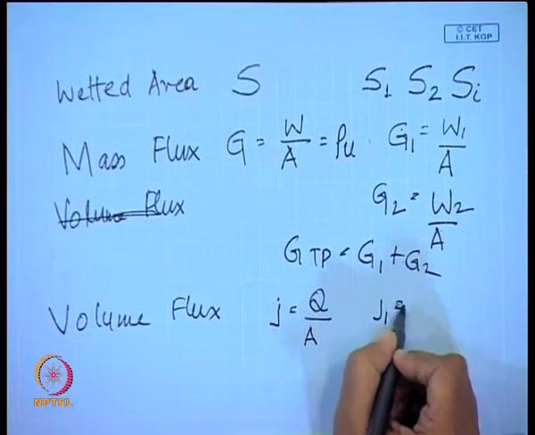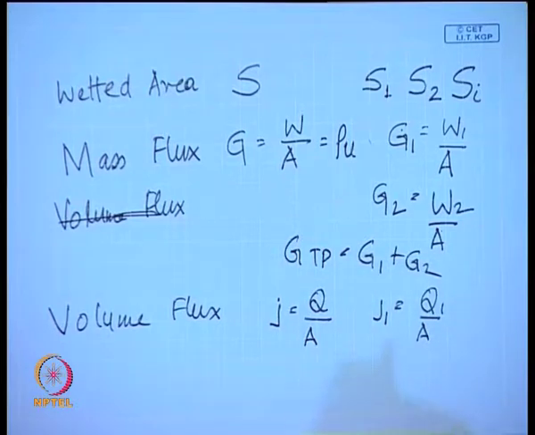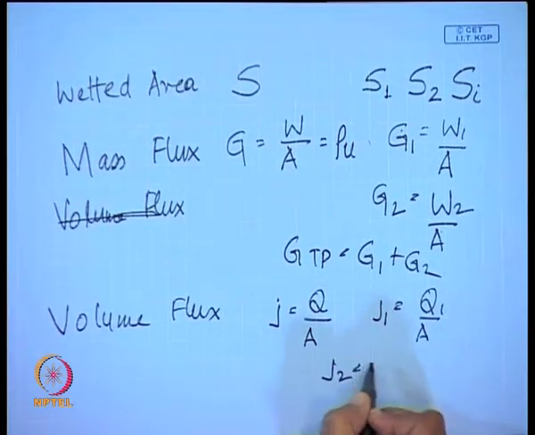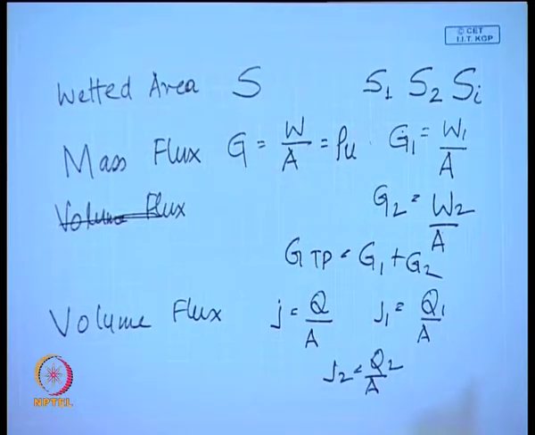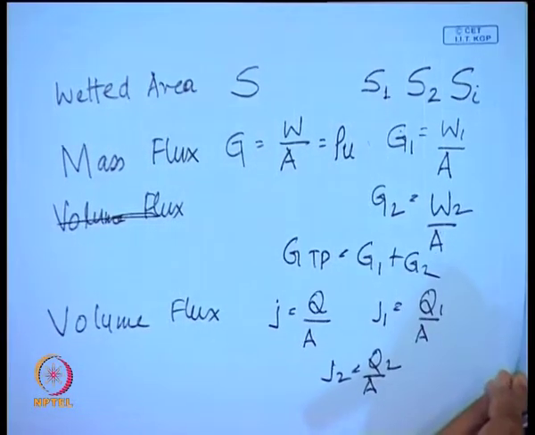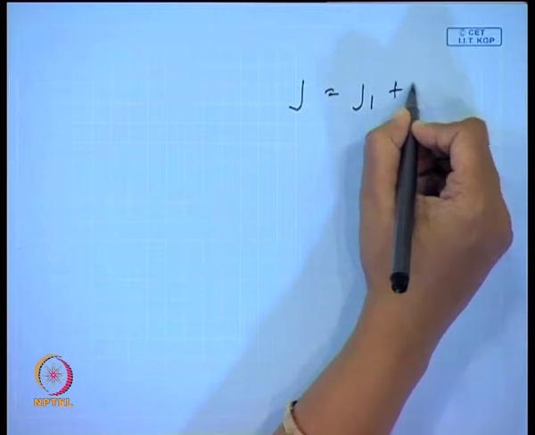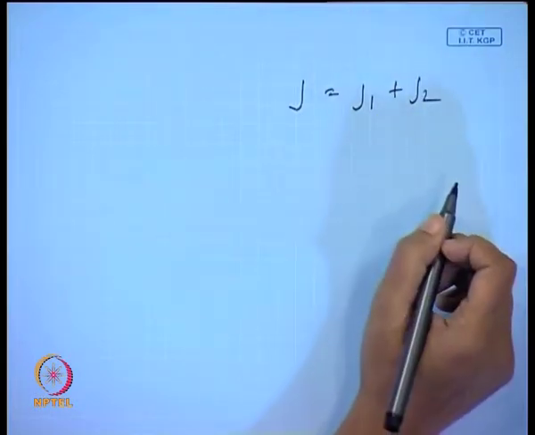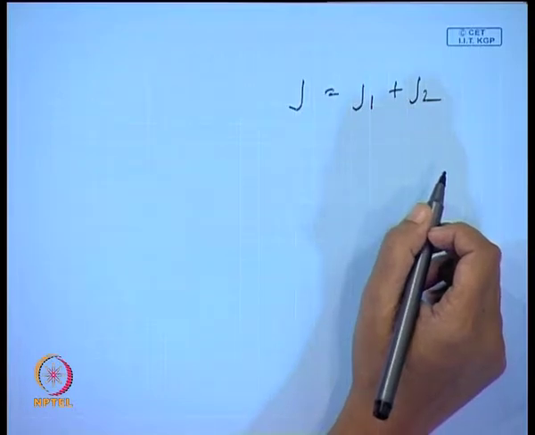Accordingly, here we will be having J1 equal to Q1 by A, J2 is Q2 by A, and then we will be having J which is equal to J1 plus J2. Agreed, all of you? So, this we are going to have.